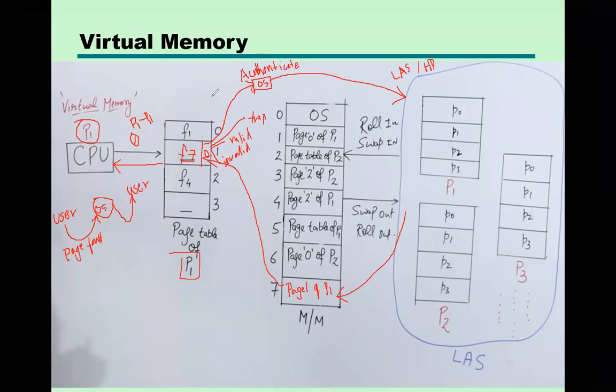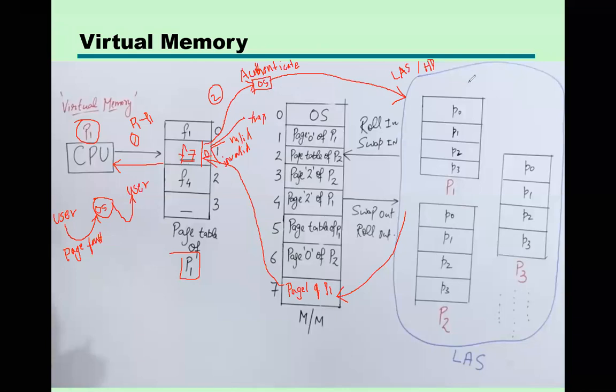Then the second step. What is the second step? The control moves from user to the OS. If the entry is not available, control switches from user mode to the OS. So control switching is done here. Now what will the OS do? The OS authenticates the user, right?